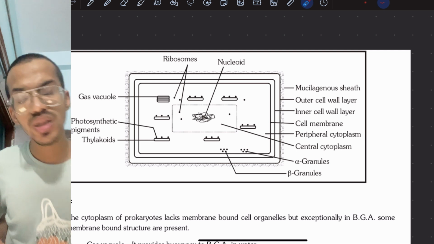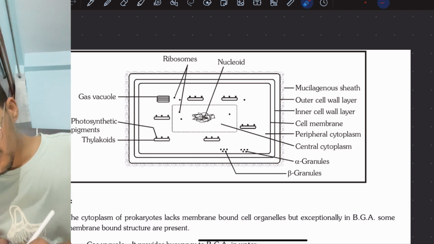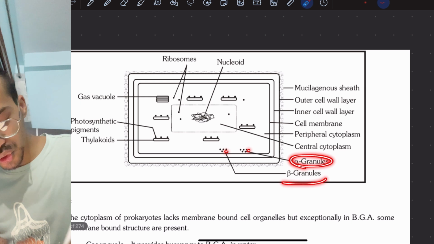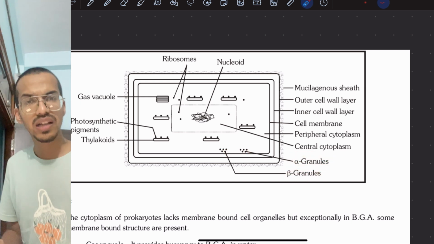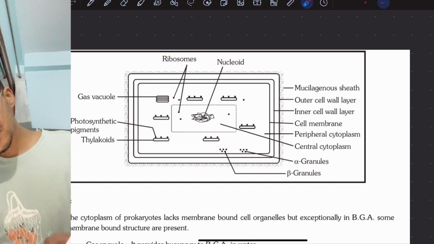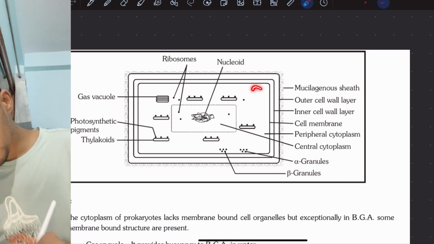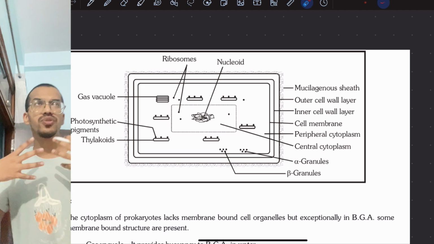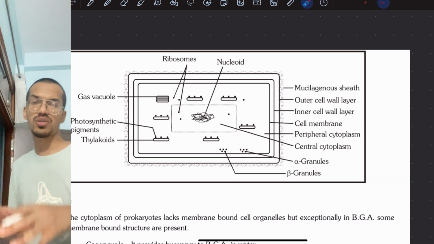What are the features? There will be ribosomes present there. There will be granules, which might contain either glycogen, sulfur, whatever it is. Then there is the cytoplasm, and thylakoids are there. Thylakoids are food forming structures.